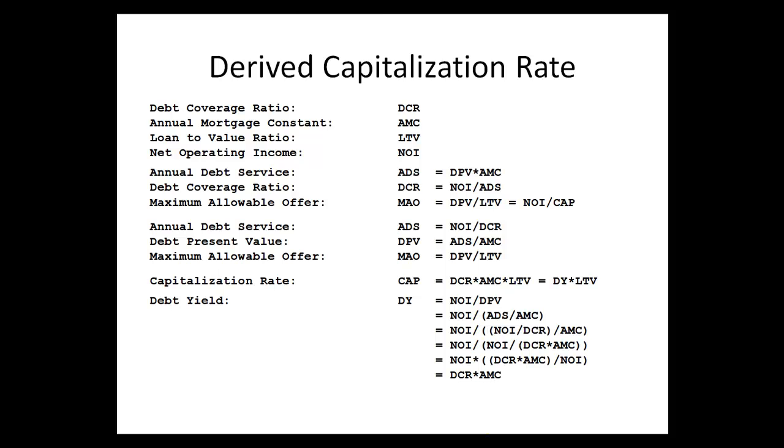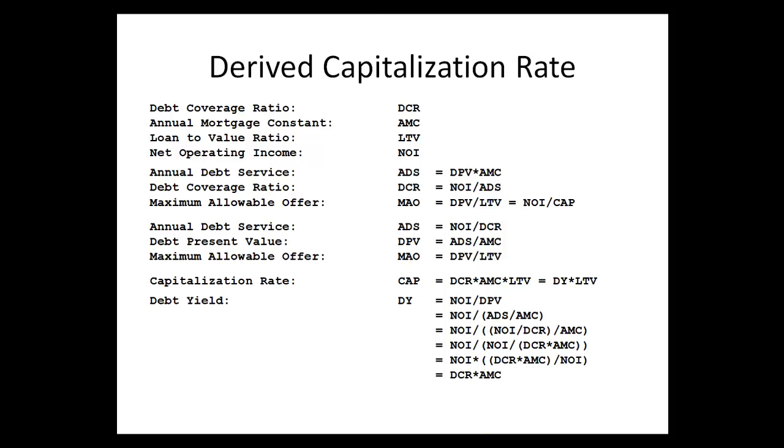The debt yield can also be derived algebraically in this equation. NOI divided by DPV is equal to the NOI divided by the quantity, annual debt service divided by annual mortgage constant. We then substitute for annual debt service the net operating income divided by debt coverage ratio.